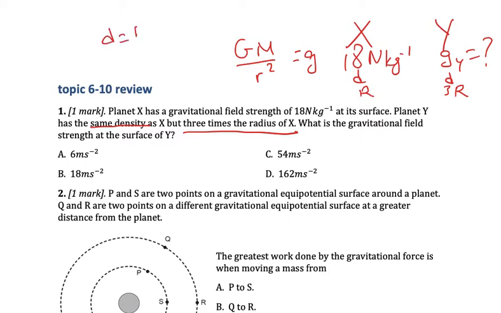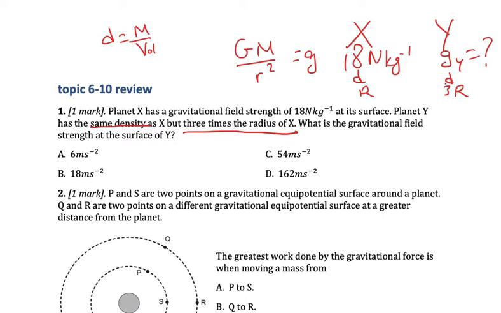Density is mass divided by the volume. So if they have the same density, their mass is proportional to their volume. And volume of a sphere is proportional to the cube of R. So the proportionality of R cubed will be their proportion for mass.